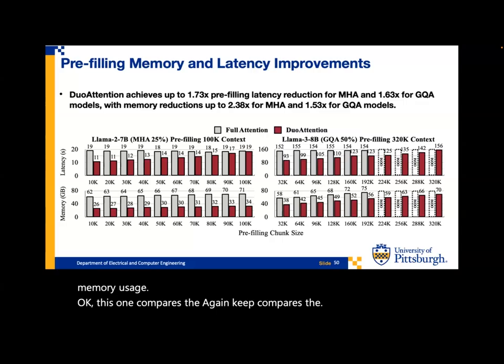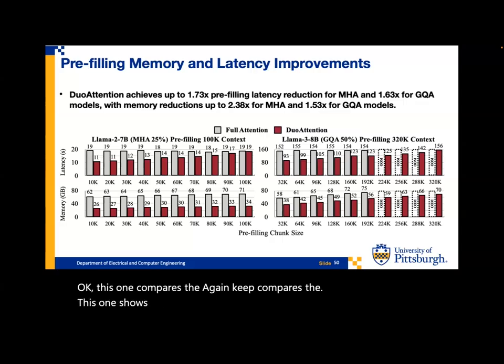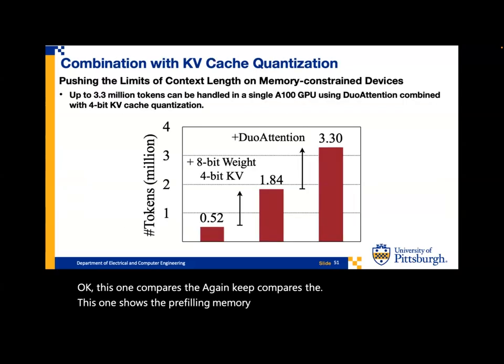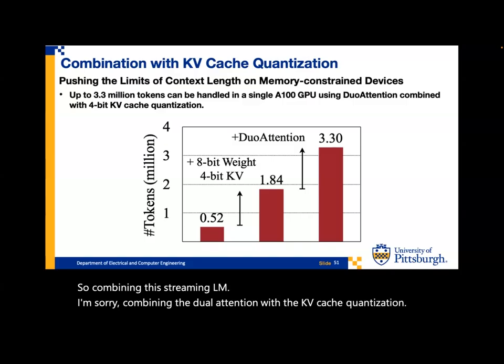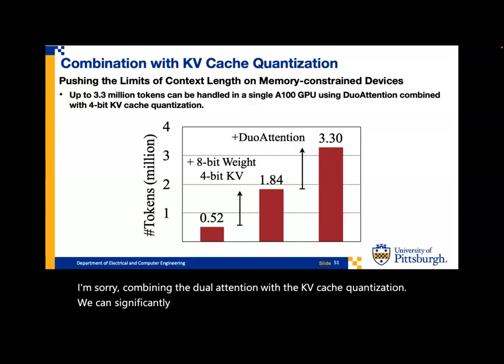This one shows the pre-filling memory and latency improvement. So combining the dual attention with the KV cache quantization, we can significantly improve the processing throughput.